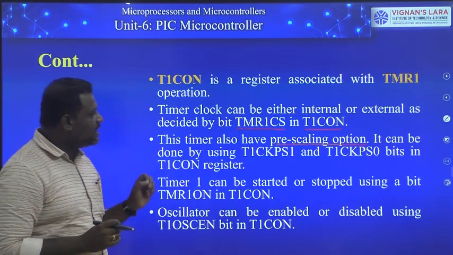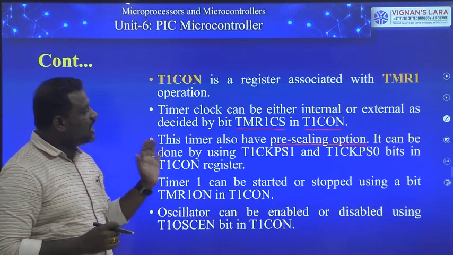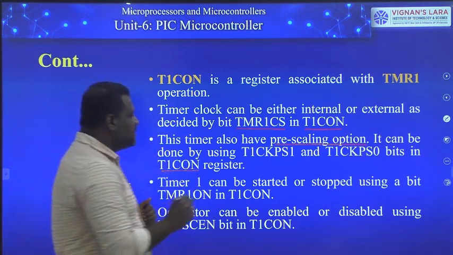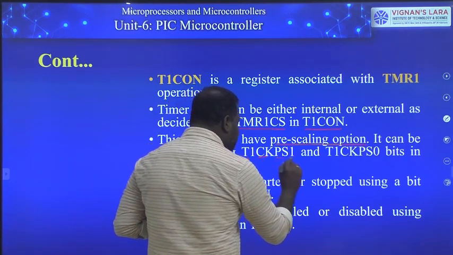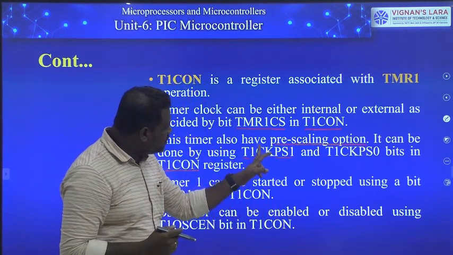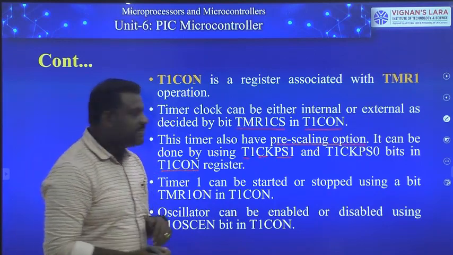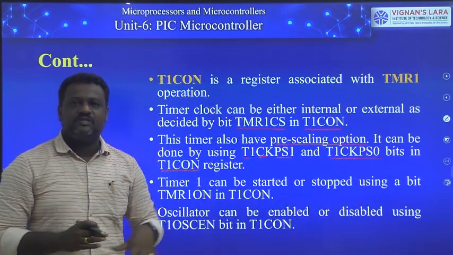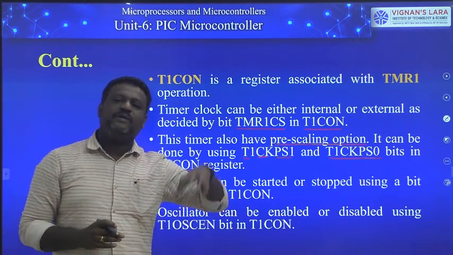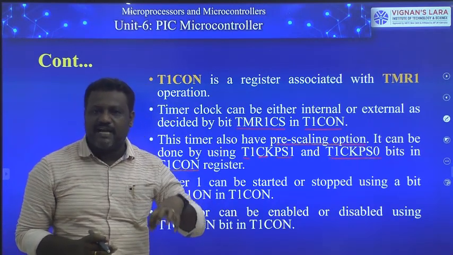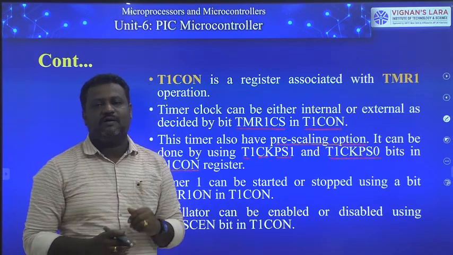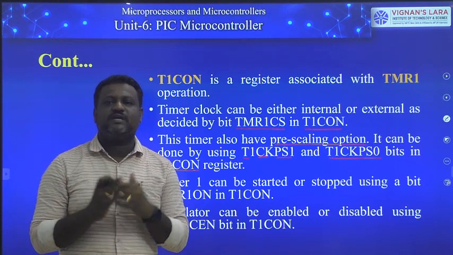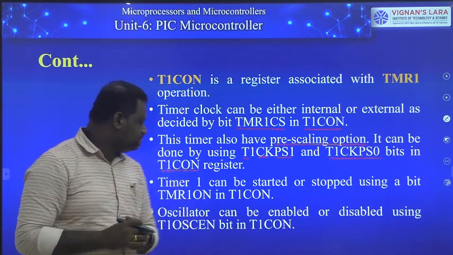Your timer 1 has a pre-scaling option. That also we do by using T1CON register bits, that is T1CKPS1, that means timer 1 clock pre-scaling bit 1, as well as T1CKPS0. There are 2 bits: timer 1 clock pre-scaling bit 1 as well as timer 1 clock pre-scaling bit 0. By using these 2 bits, we can select a pre-scaling option for timer 1.